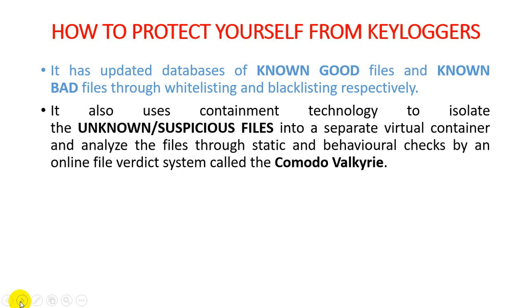It also uses containment technology to isolate unknown or suspicious files in a separate virtual container and analyze the file through static and behavioral checks by an online file verdict system called Comodo Valkyrie. As per past experience and observations, it can easily find unknown or suspicious files which are harmful for our computer system.